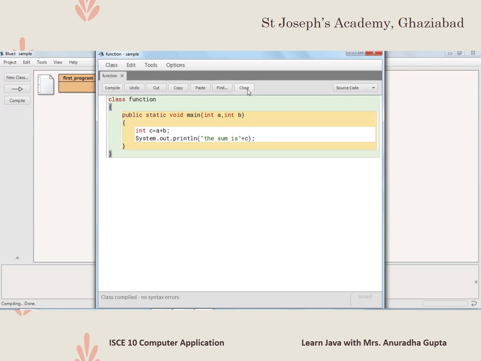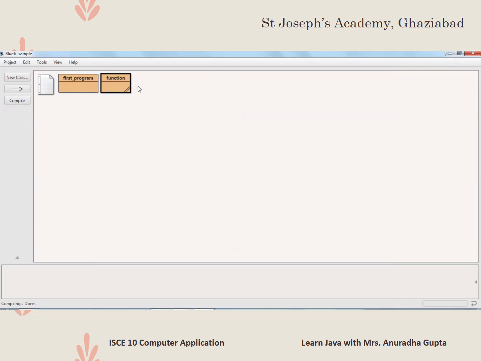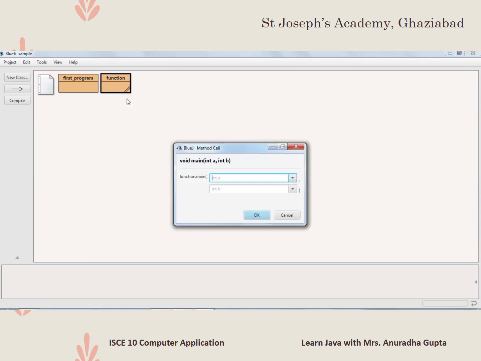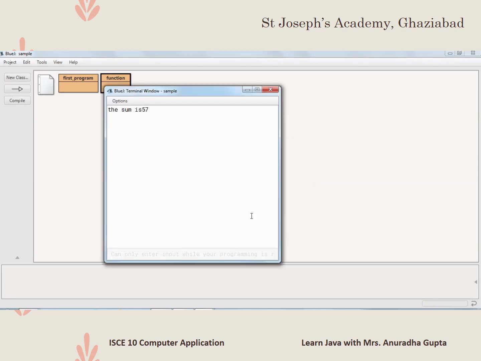When you get the message "class compiled, no syntax error", press the close button. Come back to your class, press the right button. Here you will get a dialog box where you have to enter your values. I entered here 23 as a and 34 as b, and when you press the OK button, here is the output of our program.